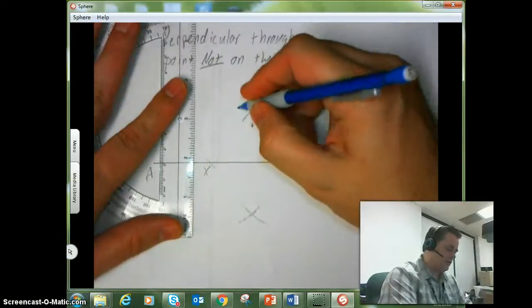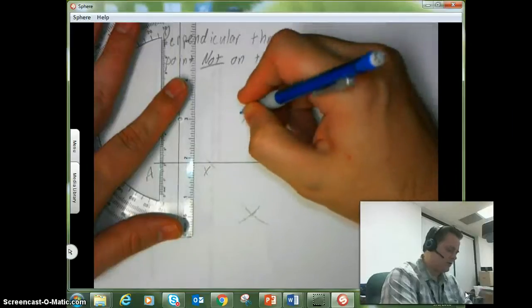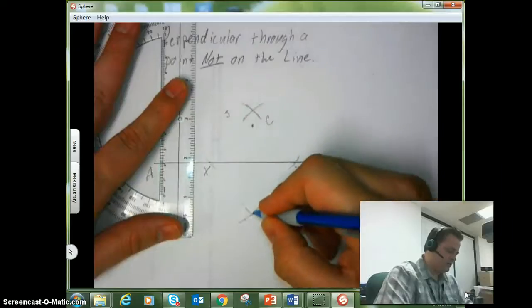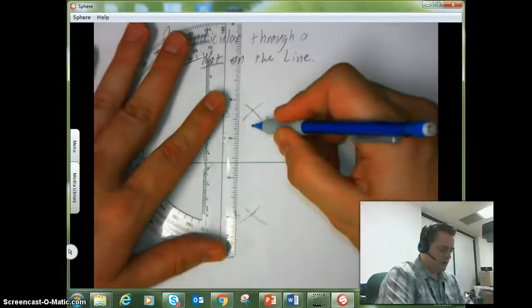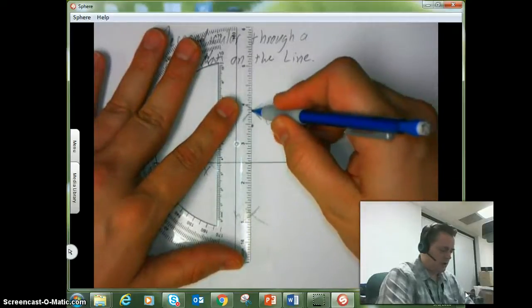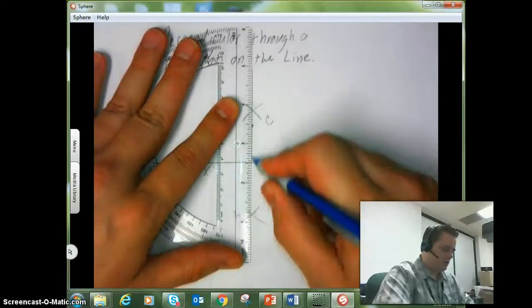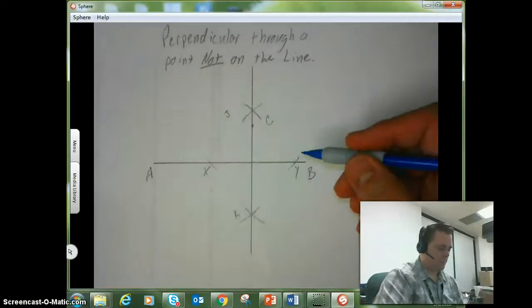We'll call this point of intersection J, and we can call this point of intersection here K. So now I will line up points J and K on my straight edge, and now I can draw a line that goes through segment AB.